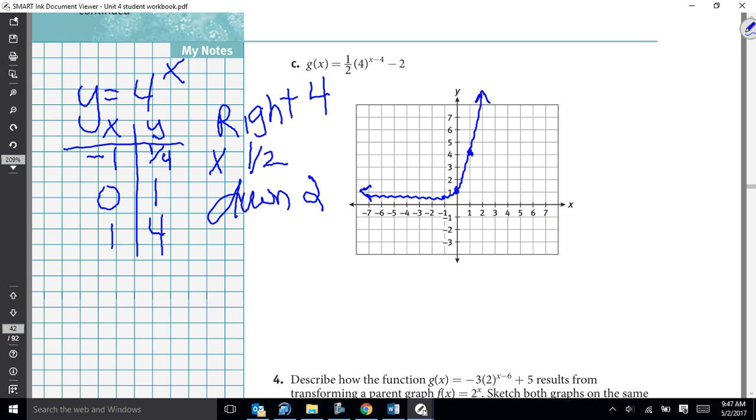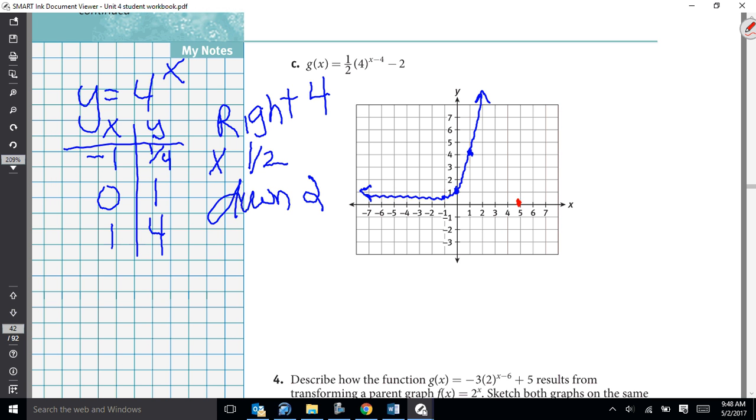So 1, 2, 3, 4. Times 1/2, so then 2, and then down 1, 2. Because we're shrinking it and then we're moving it down.